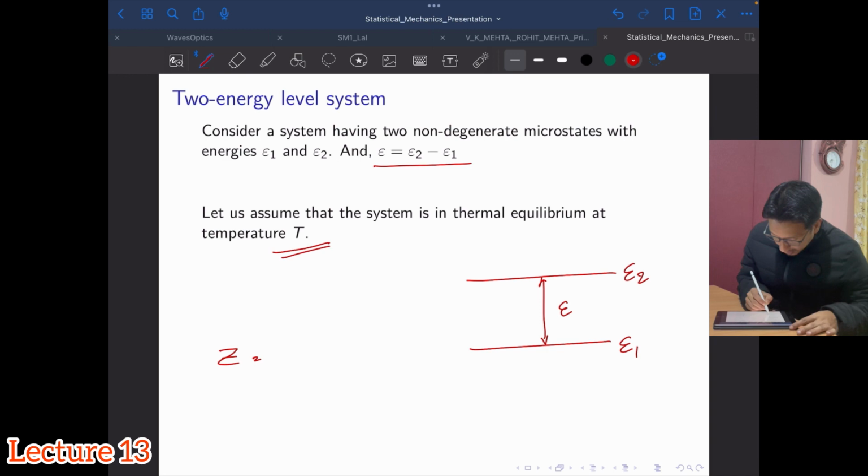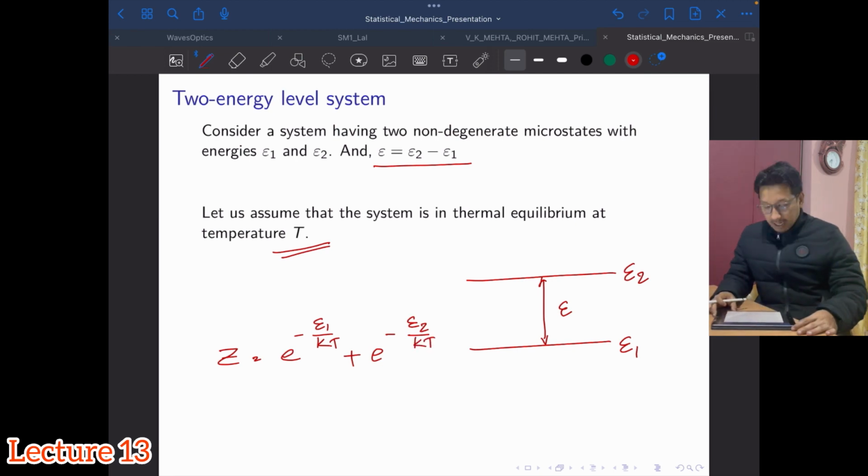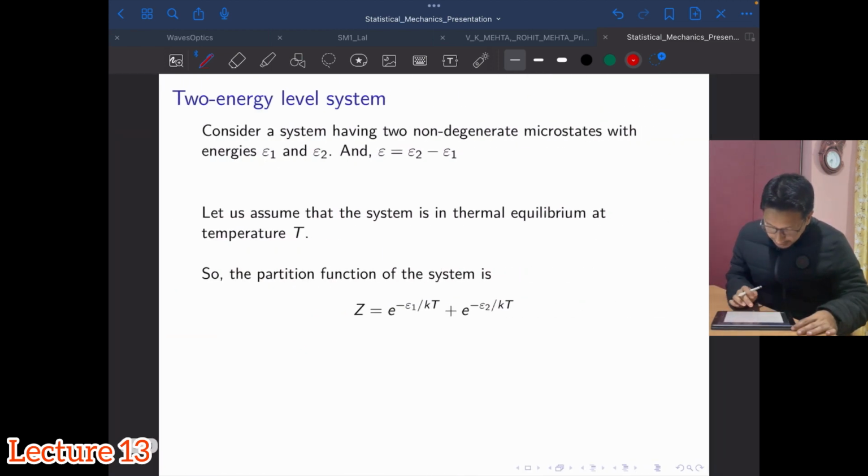It will be e to the power minus E1 by KT, this is for the first energy state. Secondly, e to the power minus E2 by KT. So this is the partition function that we can write for this system.